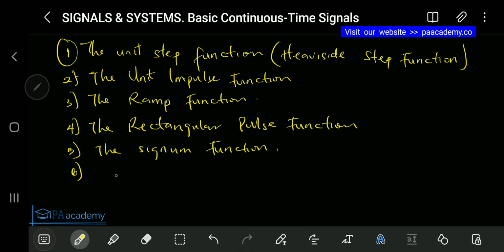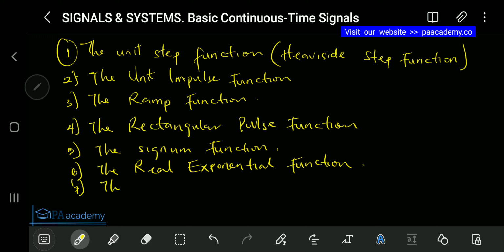On number 6, we have the real exponential function. On number 7, we're having the complex exponential function.